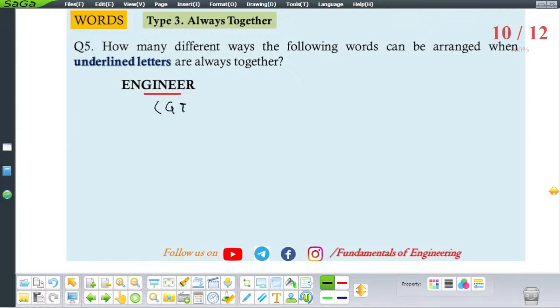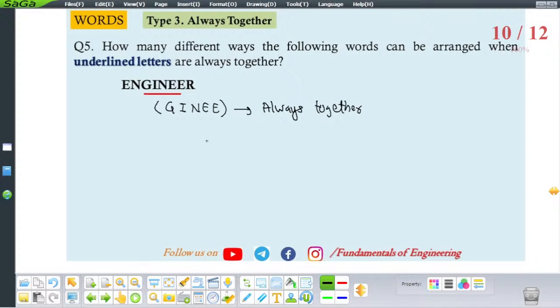So G, I, N, E and E. Always write them in capital letters so we will not make any mistake. So G, I, N, E and E are underlined and they should be always together.